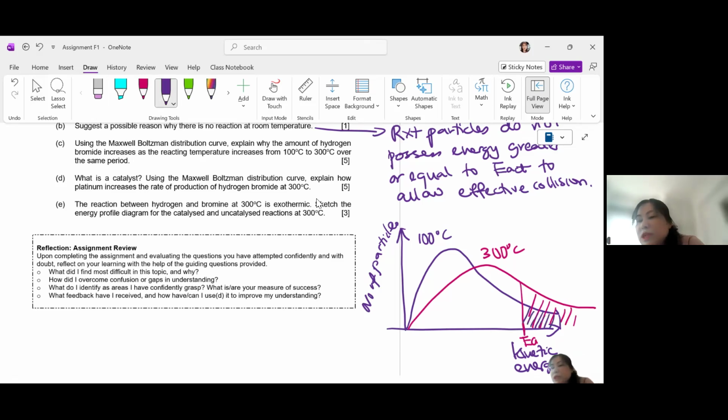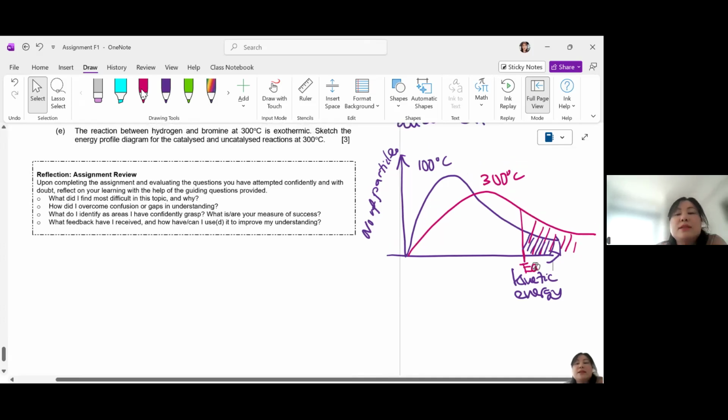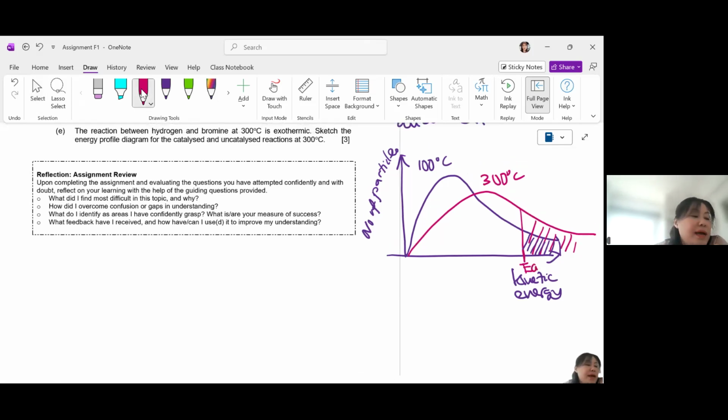If we look at my shaded region, purple and red shaded region, you will find that the red shaded region is larger. The area under the graph that I'm shading represents the number of particles with E greater than or equal to the activation energy.